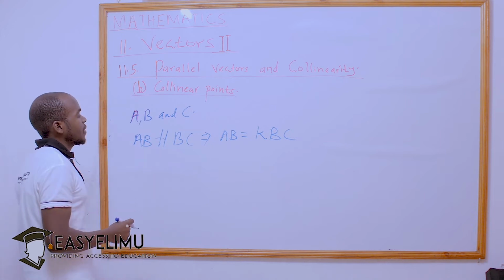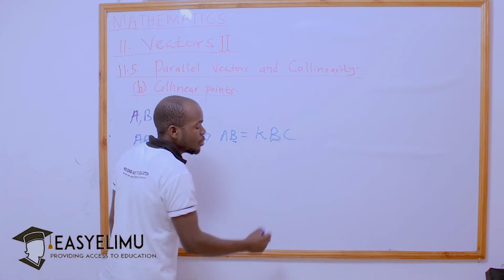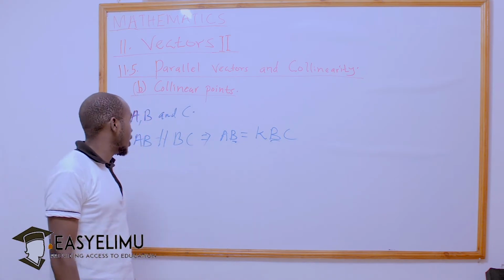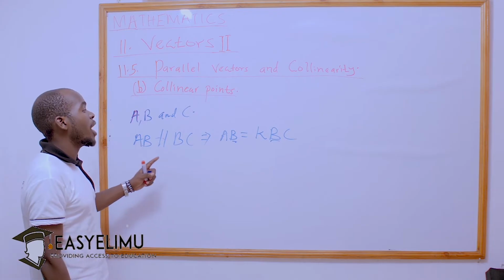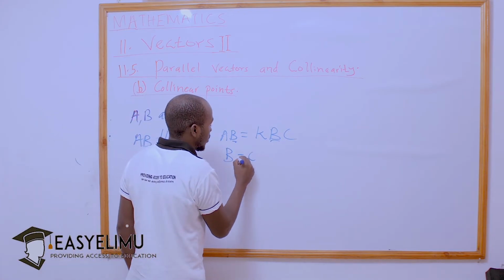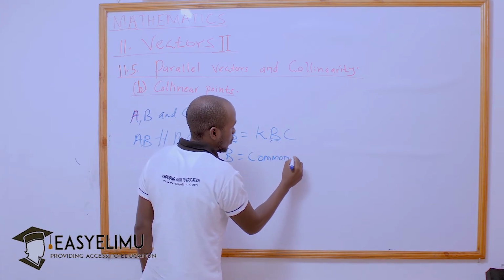In that case, we can observe that B is common between both vectors. If we have that, then we will have satisfied the condition of collinearity.